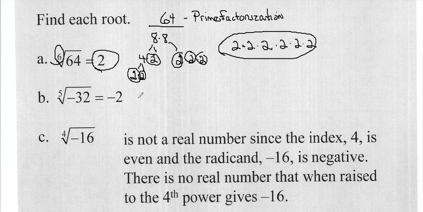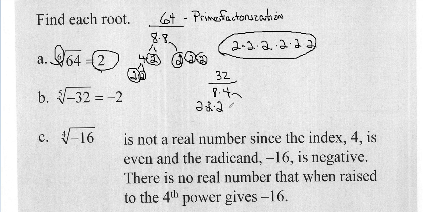All right, so I want to break down the 32. I know it's negative, so I can leave that alone. 32, what are two numbers that equal 32? I'll say 8 times 4. And boy, I'm noticing it already. 8, I've done 8 up here already, so I know that's 3 2's. 2 times 2 times 2, I've done it already before.